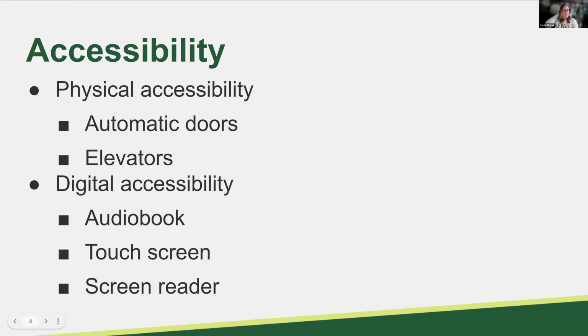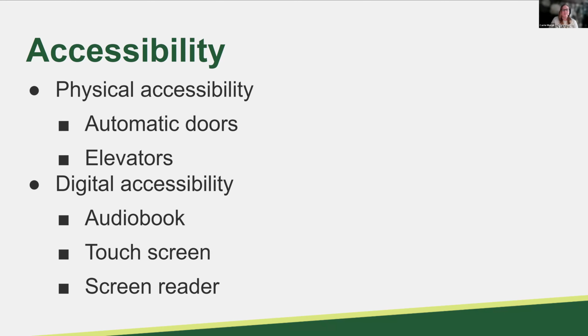So the next definition we're going to talk about is accessibility. Well, that's a problem because the term accessibility has many meanings. So you have access of just being able to access something, but in the terms that we're referring to, we have physical accessibility, which could be an example of automatic doors or elevators.